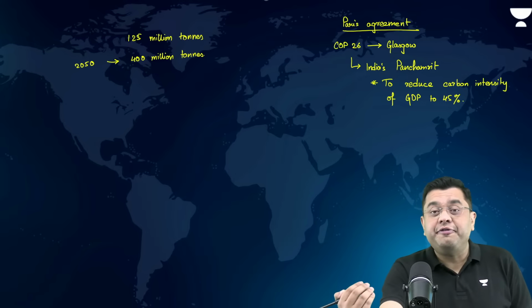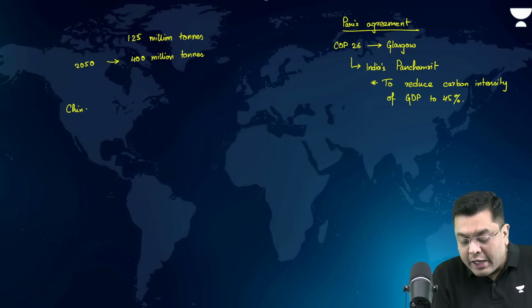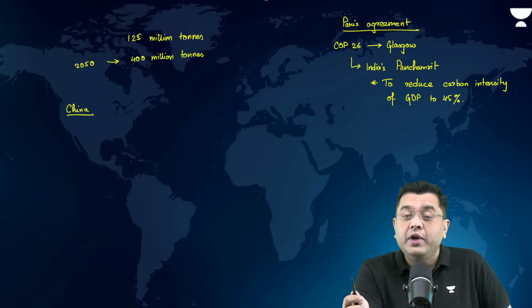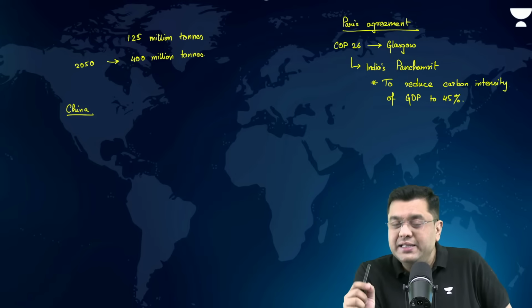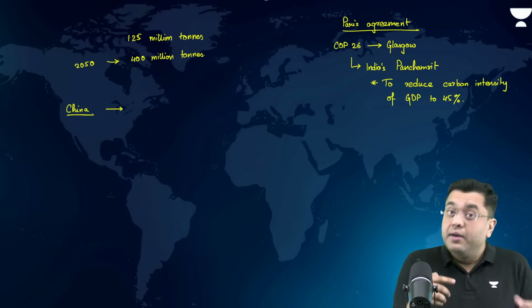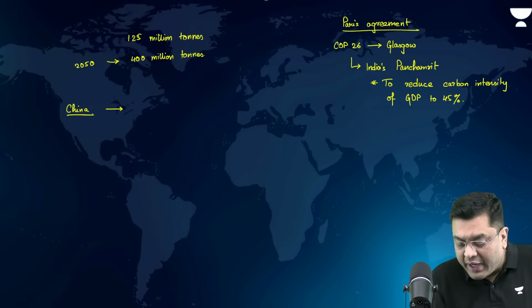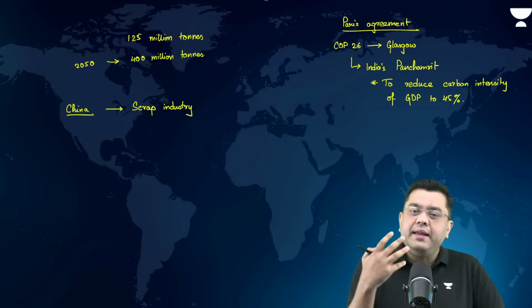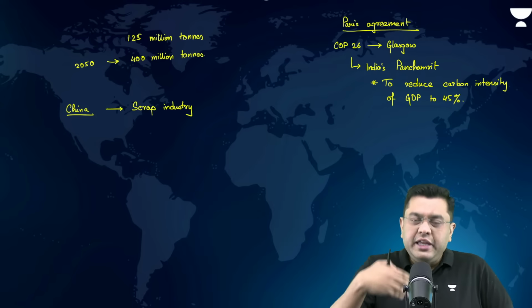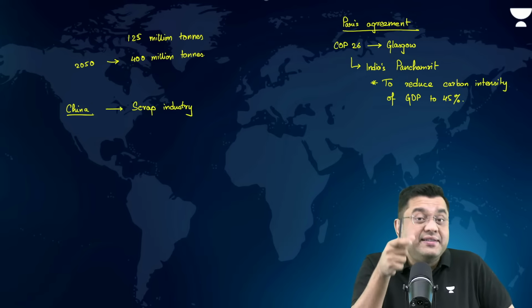One of the largest manufacturers, in fact the largest manufacturer of steel, is China. Now, China, for a few years now, has been transitioning into the green steel market and has also increased the capacity of the recycling of steel, the scrap industry. When you have a well matured scrap industry where the scrap materials are collected and then reutilized to manufacture steel, obviously the amount of energy required is lesser.